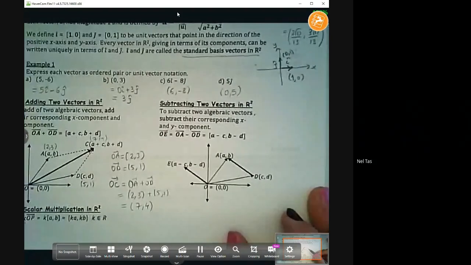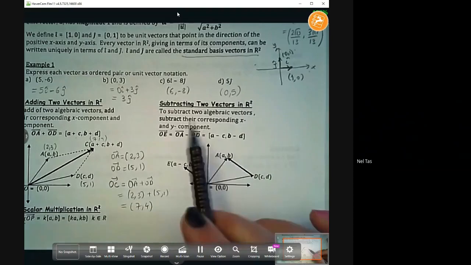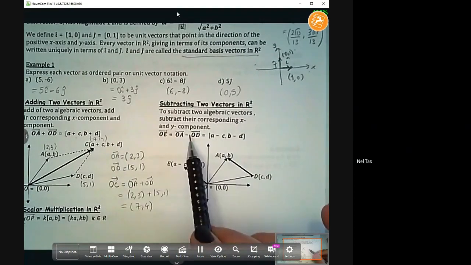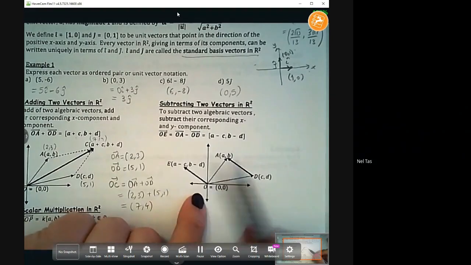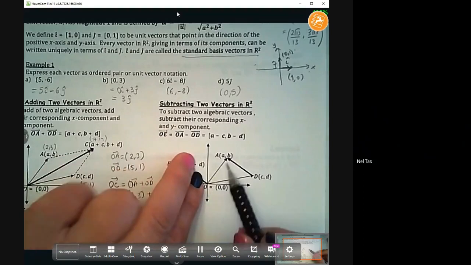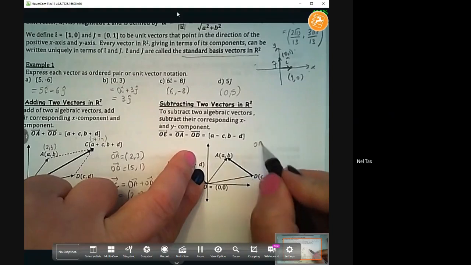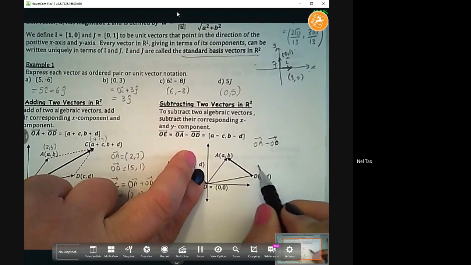Now let's look at subtracting two vectors in R2. To subtract two vectors, we subtract their x and y components. So we are looking for OE vector. Let's say we have OA vector again and OD vector. When you subtract OD from OA, how would you draw the vector?